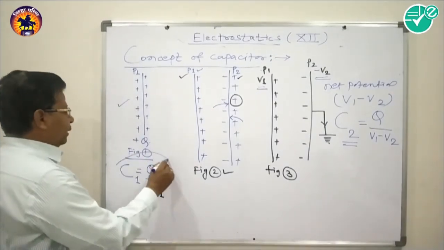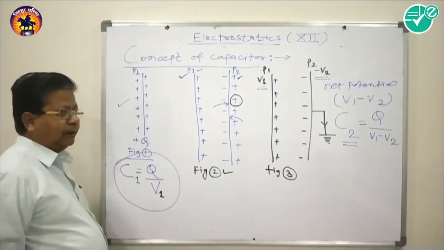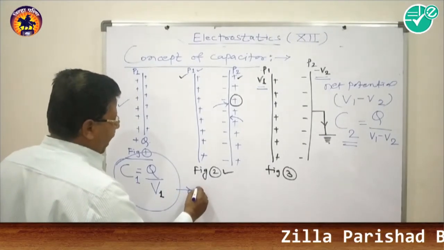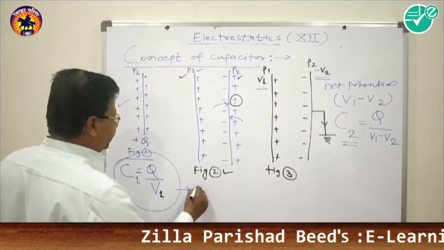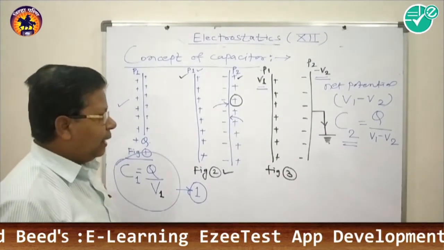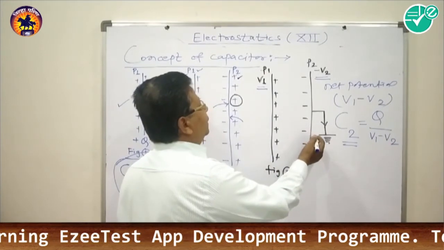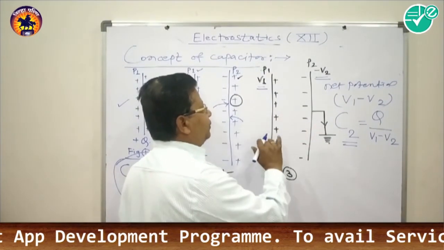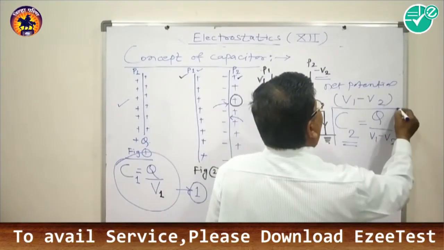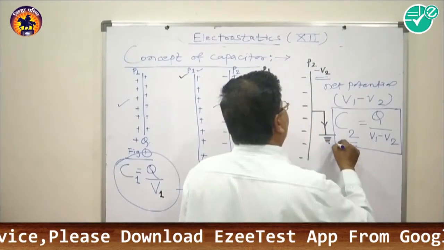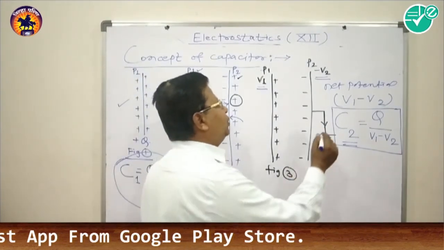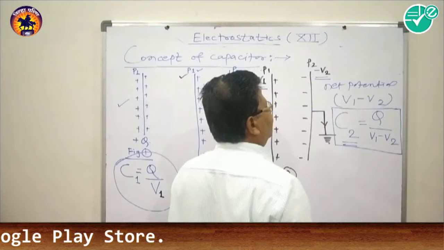So if only a single conductor is taken, we obtain the formula: the capacity of an isolated positively charged conductor is C1 equals Q by V1. If another conductor is kept near the first positively charged conductor and the second conductor is connected to earth, then we get the capacitance of the system, that means a parallel plate capacitor, C2 equals Q divided by V1 minus V2.